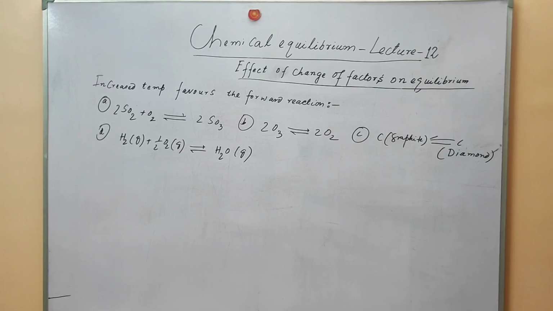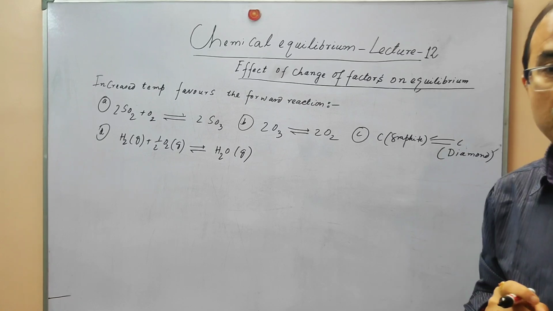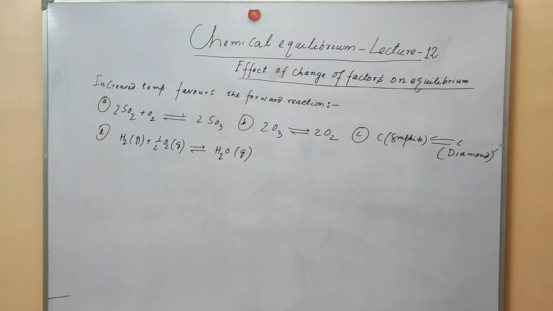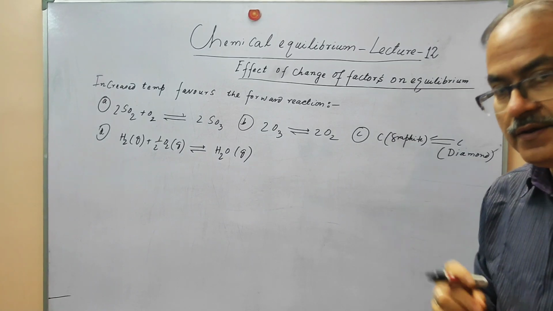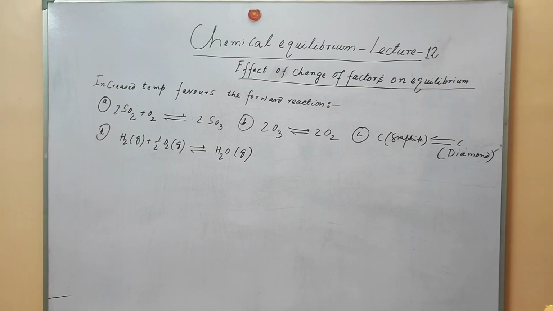Among these four reactions, one reaction will favor the forward reaction when you increase the temperature, and you have to identify which reaction that is. You can pause the video and do it yourself, then we will solve this.